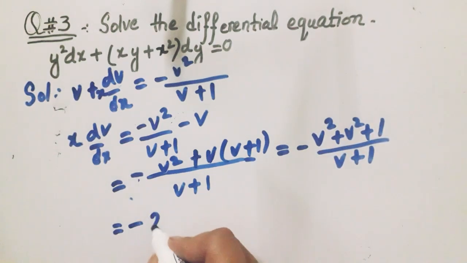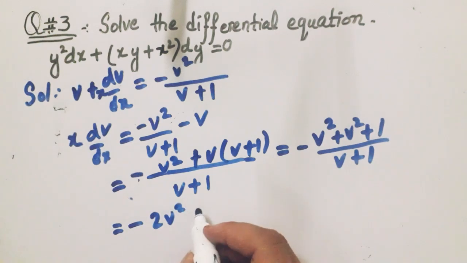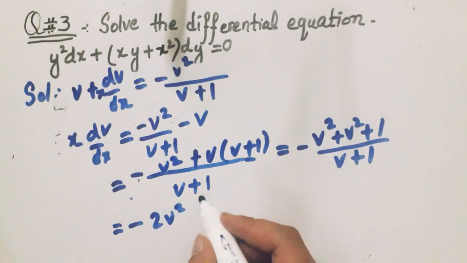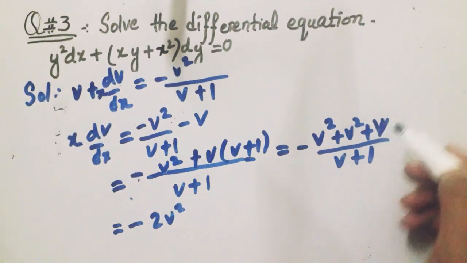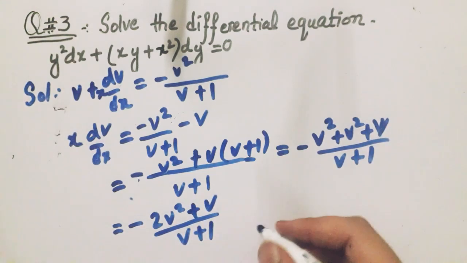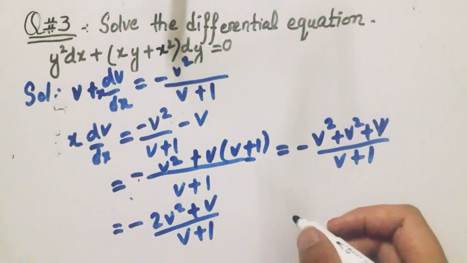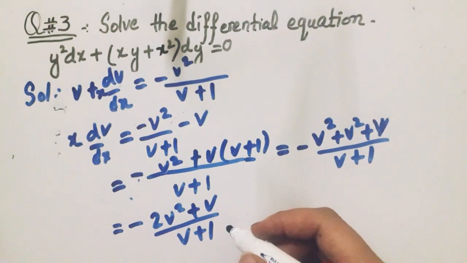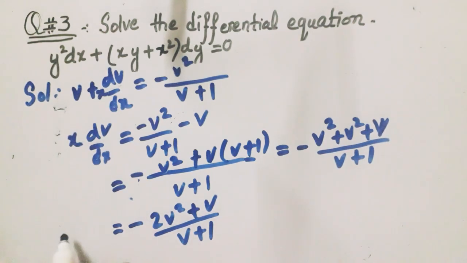So minus 2v squared plus v, divided by v plus 1. Now we will separate the variables for this.